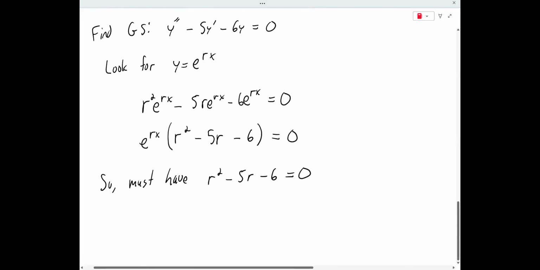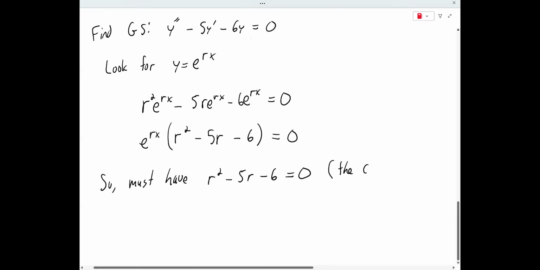Now look back up here for a minute. We'll solve this in a minute. You notice this looks a lot like the equation up here. The coefficients are 1, -5, and -6, the same thing down here in the r. And this is called the characteristic equation.